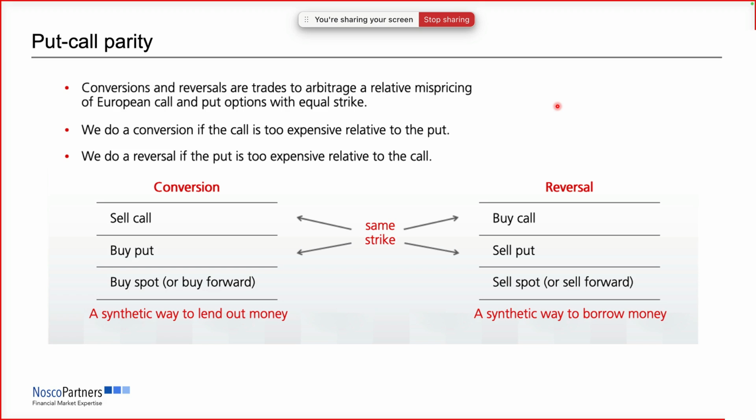Cool, that's it. And then, as we said, there are two trades, either a conversion or a reversal. It's always the one or the other one, and if you know which of the options is too cheap, then of course the other one is too expensive. Or of course it could be that they are in line. So that is put call parity.